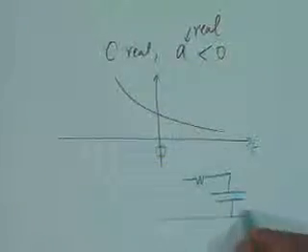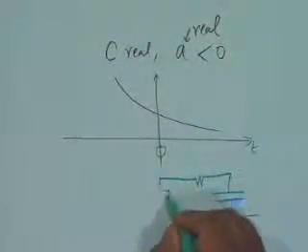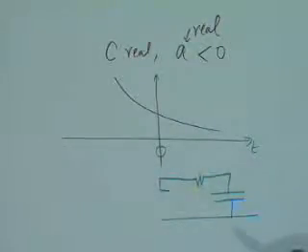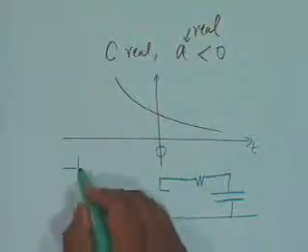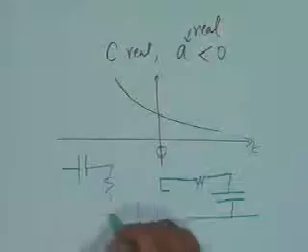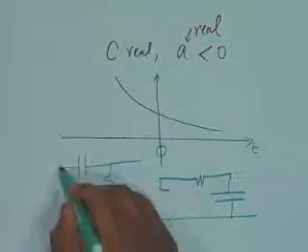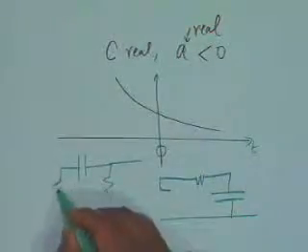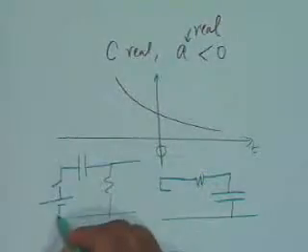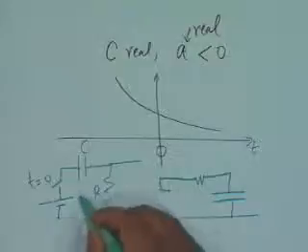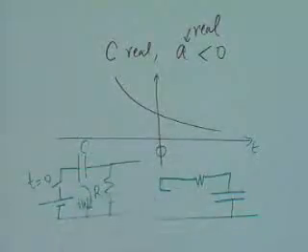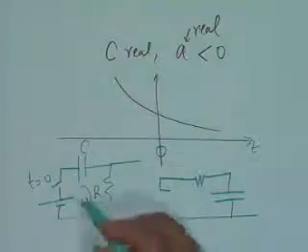you have an RC circuit which is suddenly connected, now let's have it the other way around, a CR circuit instead of an RC circuit, and it is connected to a battery at t equal to 0, CR circuit. And if you look at the current, what is the initial value of the current?